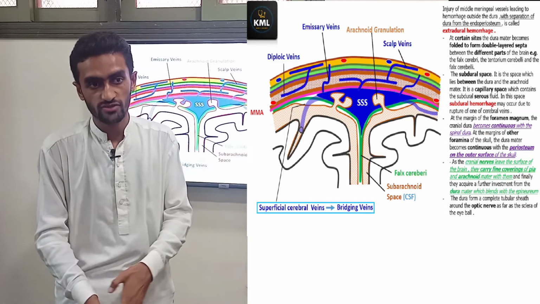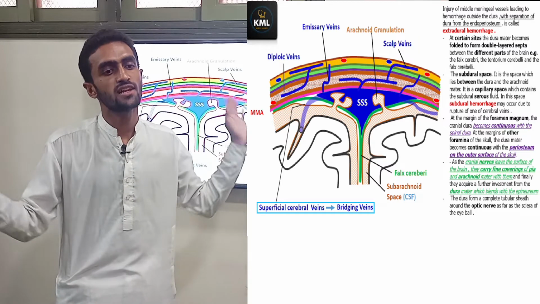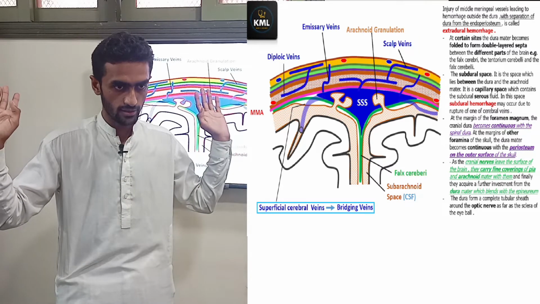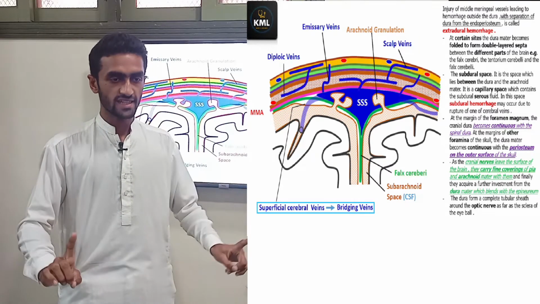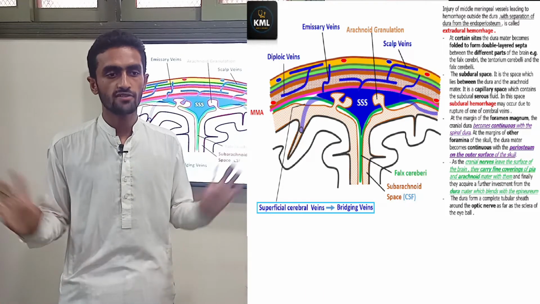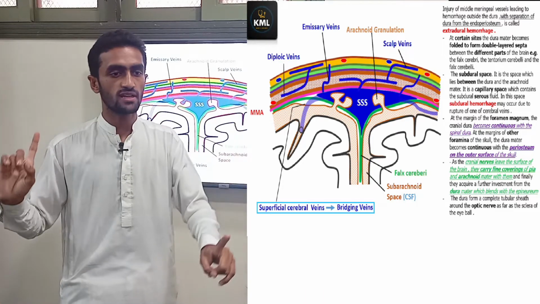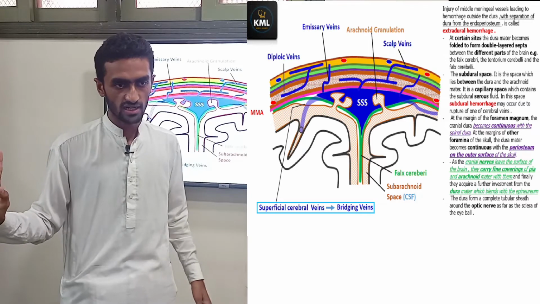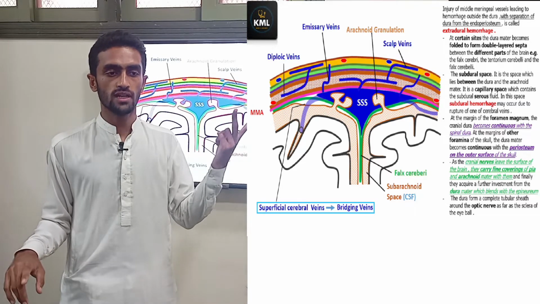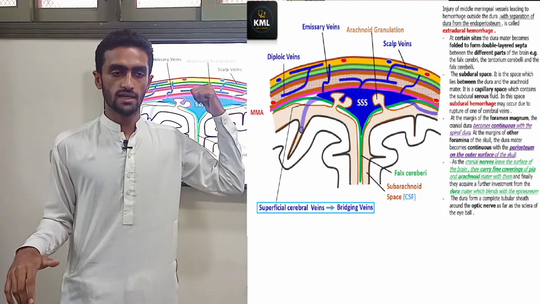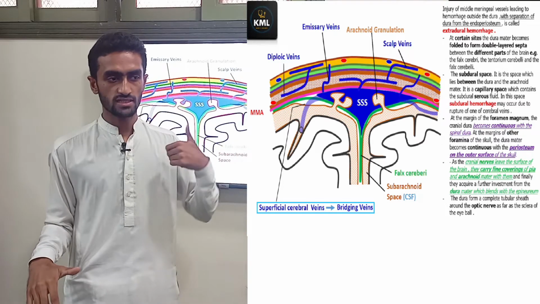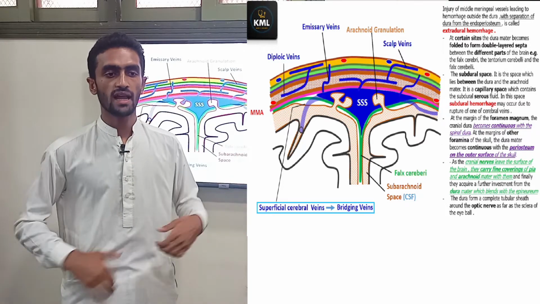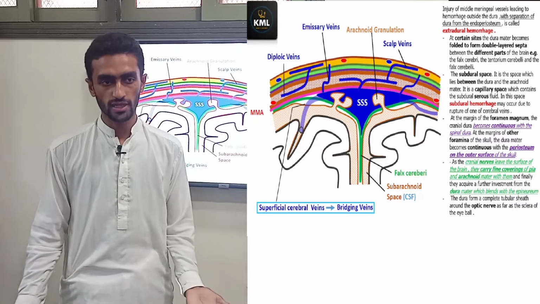So this is continuous with the spinal cord, while the periosteal layer is not present in your spinal cord. Are you clear? Yes. The meningeal layer is present in the spinal cord, while the periosteal ends up here. So only one layer of dura is present in the spinal cord, while in the brain there are two layers: the periosteal layer, or endosteum layer, and the meningeal layer, both are present.